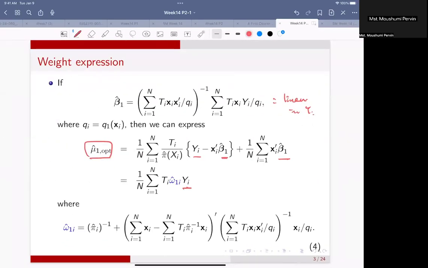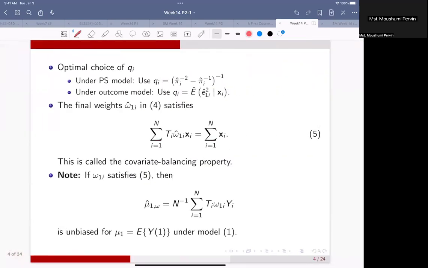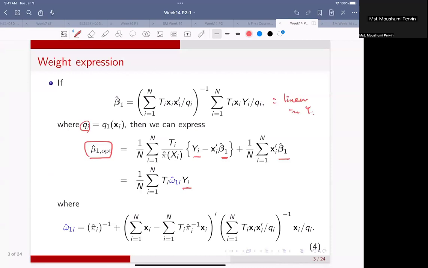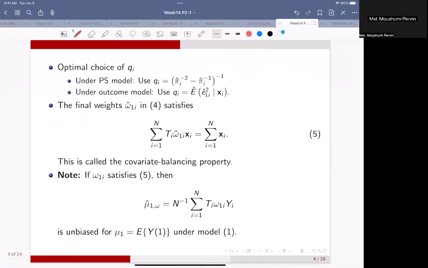The first thing is that regarding the choice of Qi, this result is arbitrary, right? This result holds for any function, but you may wonder what would be the best choice, and that depends on which model you are talking about.